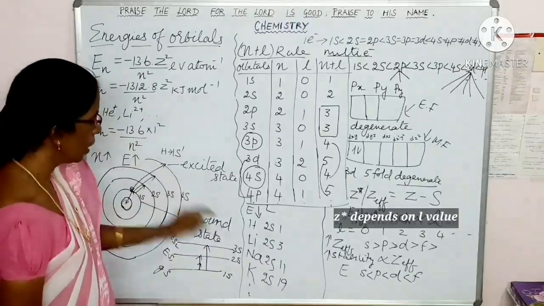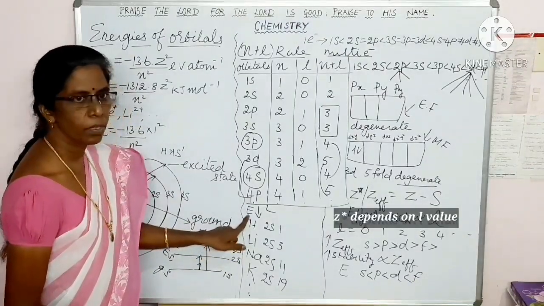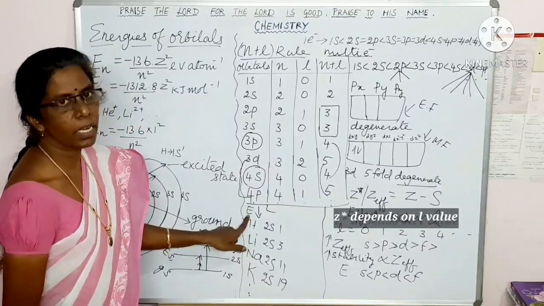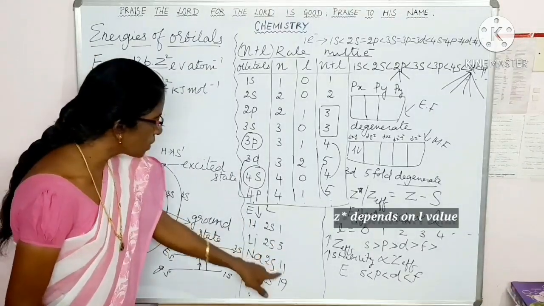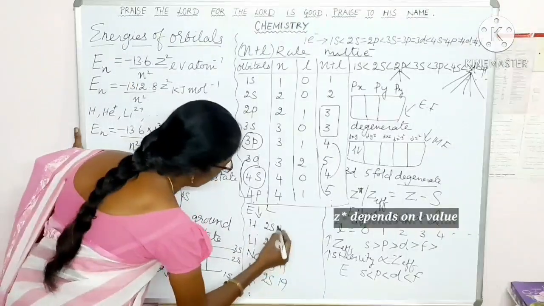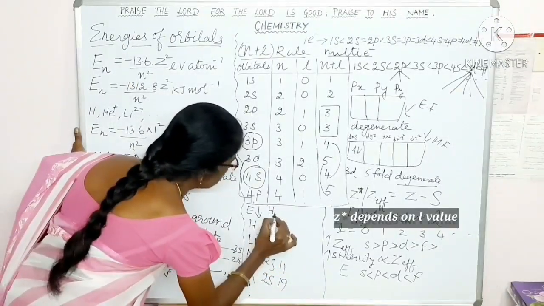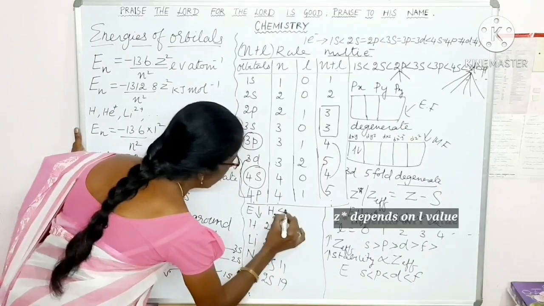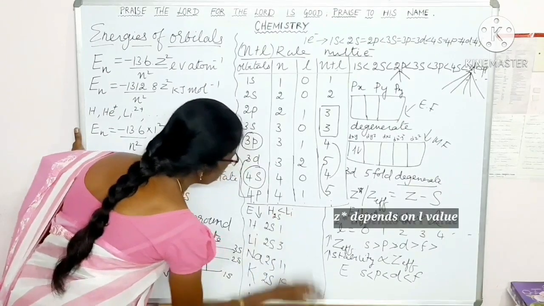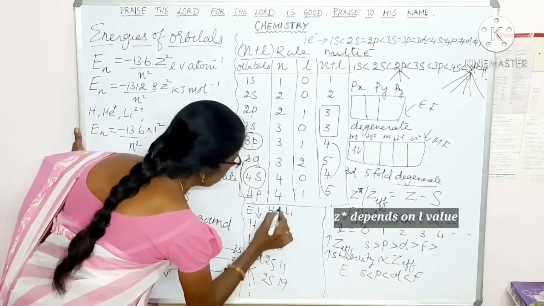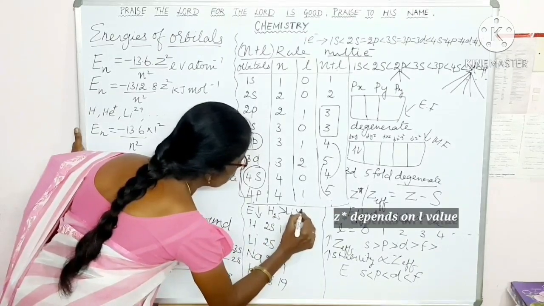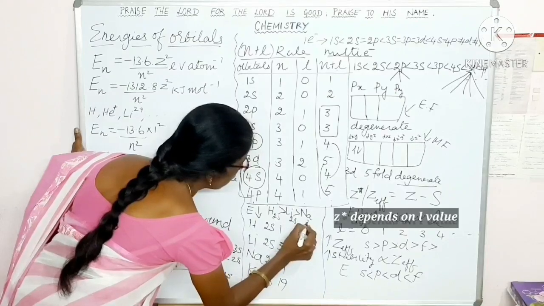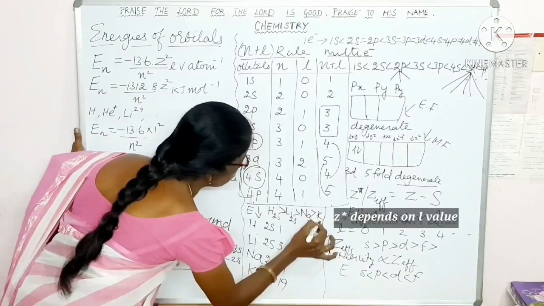Do you know why? This is because effective nuclear charge increases. Why? Because the number of protons are increasing. So the order you can write it as hydrogen 2s orbital, then lithium 2s, then comes sodium 2s, then comes potassium 2s.